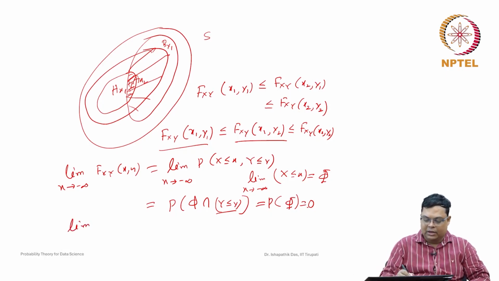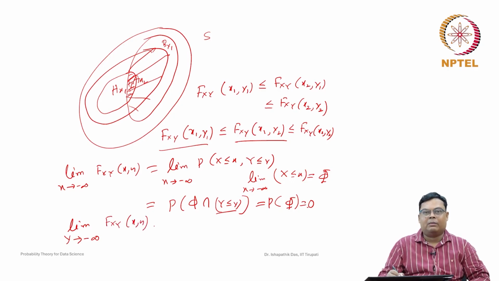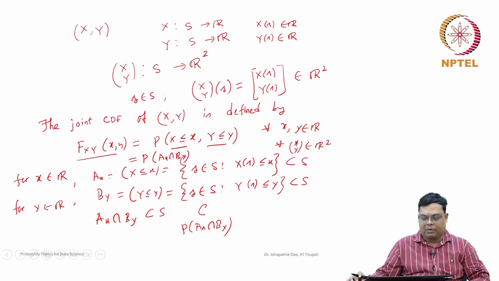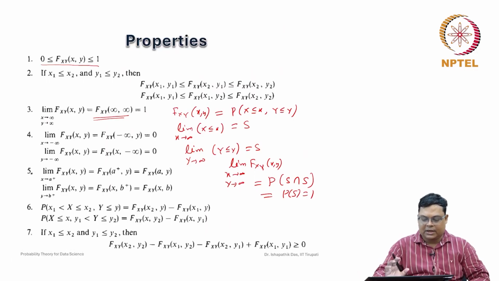Similarly, you can show that if one of the coordinate components of this vector, y, goes to minus infinity, F_XY(x, y) is again equal to 0. These are some of the properties, just to understand.